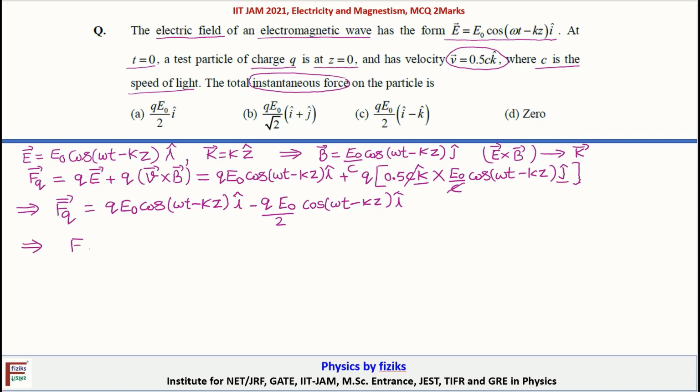So finally this value will be 1 minus 1 by 2, so you will get Q E naught by 2 cos omega t minus kz I cap. So the instantaneous force is given by Q E naught by 2 I cap. So option A is correct.